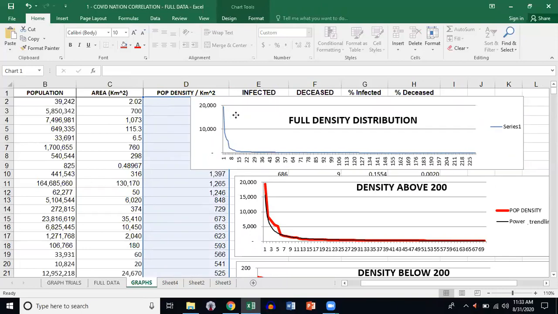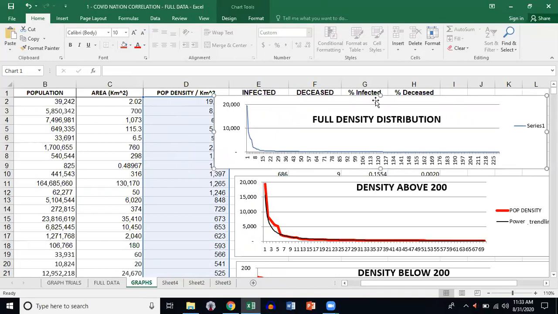So you see on this first graph that I have, and I labeled it significantly, full density distribution, all right? So I click on the graph and it highlights the column of the data that makes up the graph. So this is population density, right? And you can see that it's ranked. We'll move it out of the way.